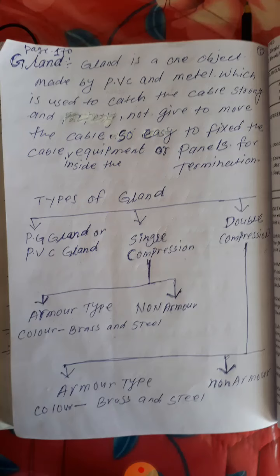This chapter we discussed cable and its types, the purpose of cable, and cable sizes. How many sizes of cable there are, where they are used in power cable, where they are used in control cable, and where they are used in instrumentation cable. So we are discussing and talking about this.